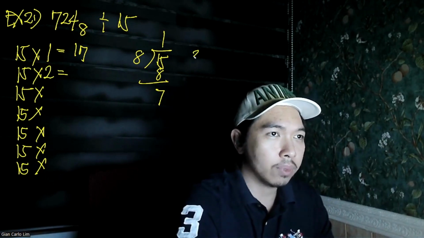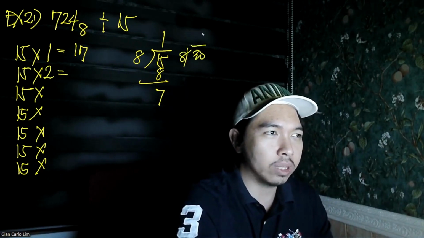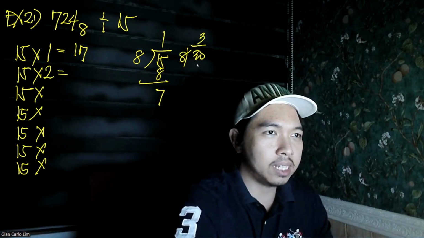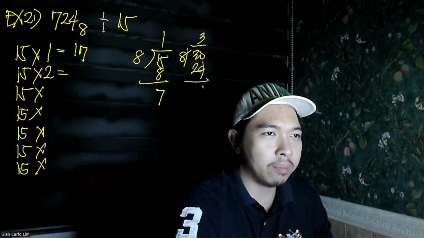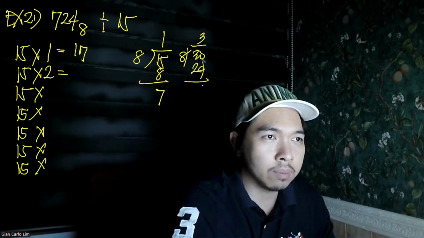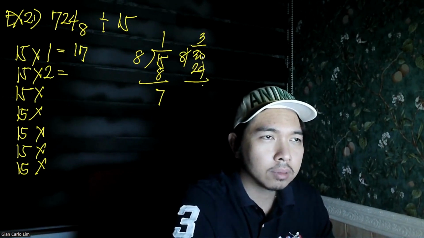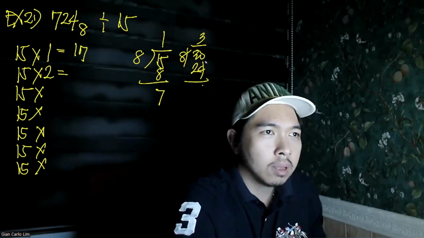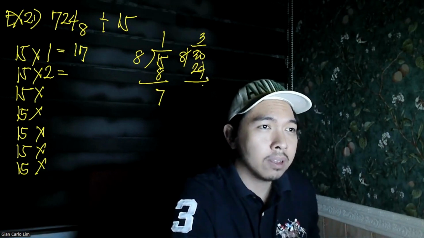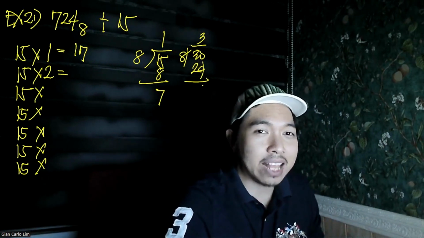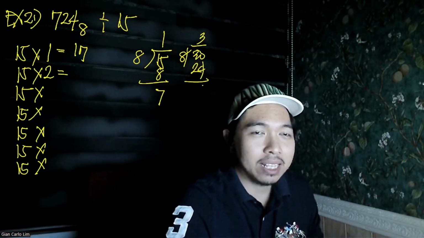So 30. 30 and 8, that would then be equal to 3, 24, and we have a remainder of 6. So that's not how the process goes, but rather, it should be like this.